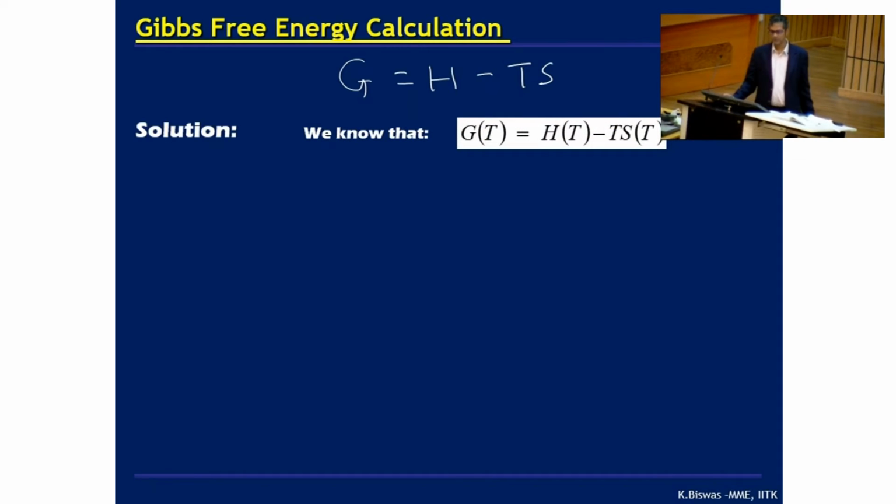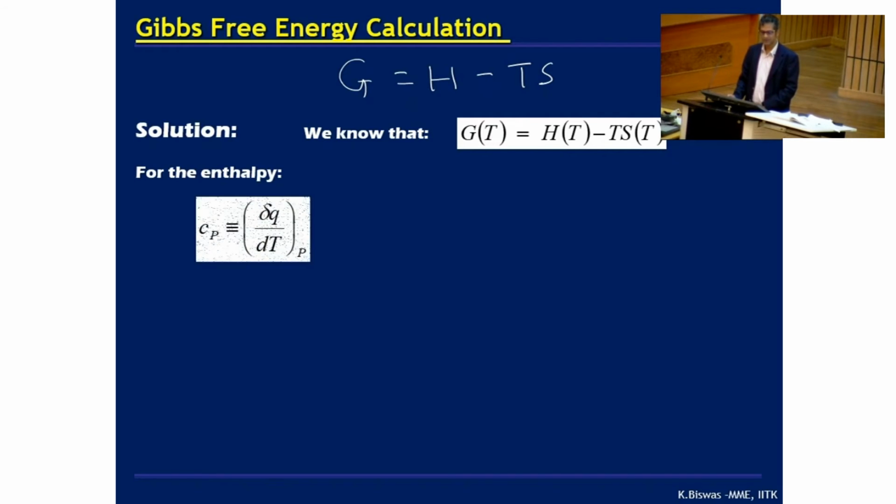So we know that G is a function of temperature and pressure both. If you consider pressure to be 1 atmospheric pressure, that is what is done in metallurgy. Okay, sorry about others. So then G is a function of temperature, equal to H(T), which is also a function of temperature, minus T S(T). So this looks like an equation related to temperature, right?